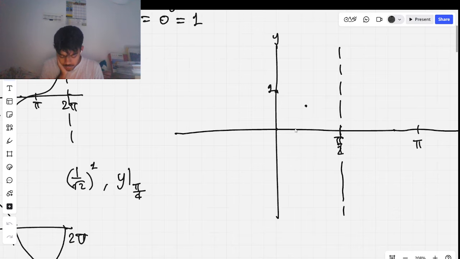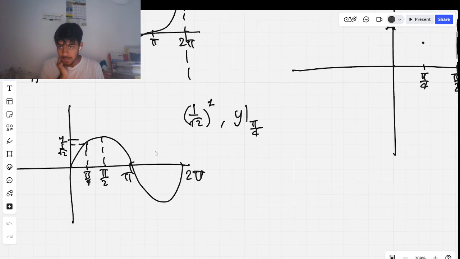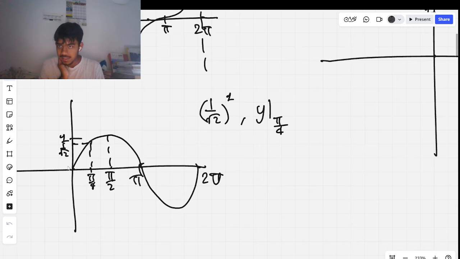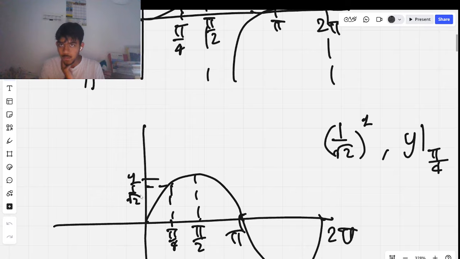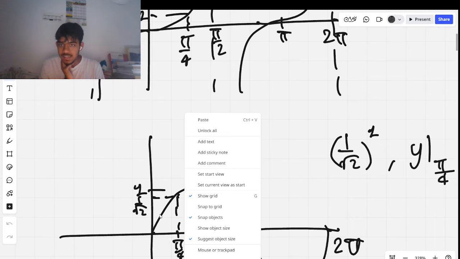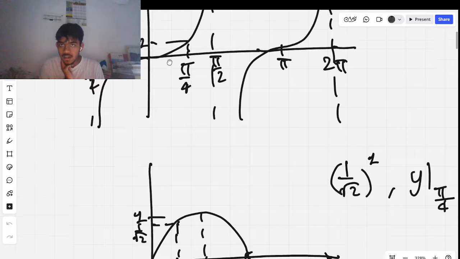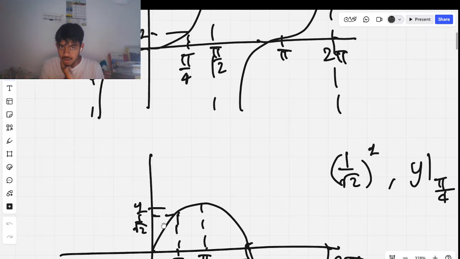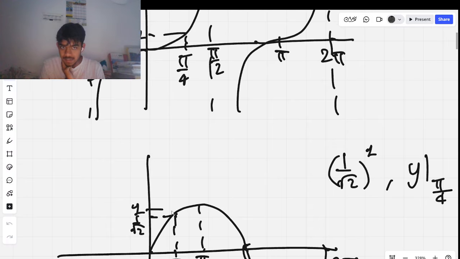Now, between 0 and pi by 4, tan is less than 1, and sine is also less than 1, but more specifically less than 1 over root 2. I think what's important here to note is the way tan grows and sine grows.